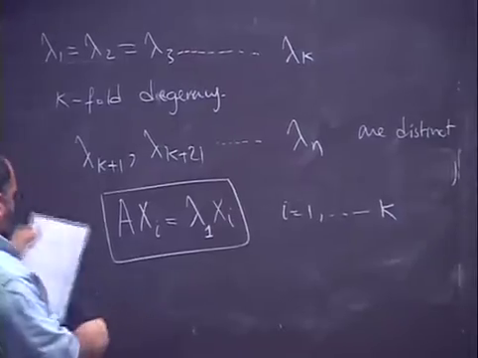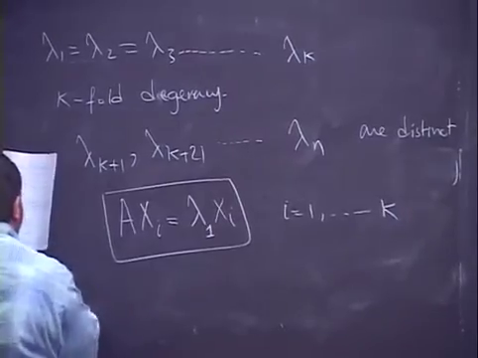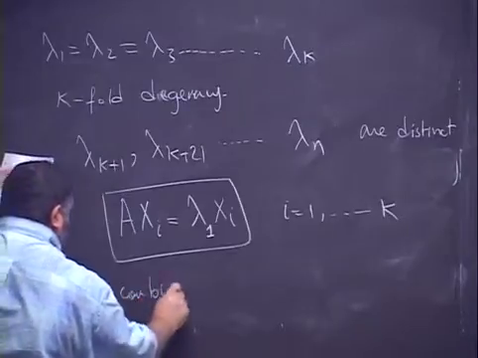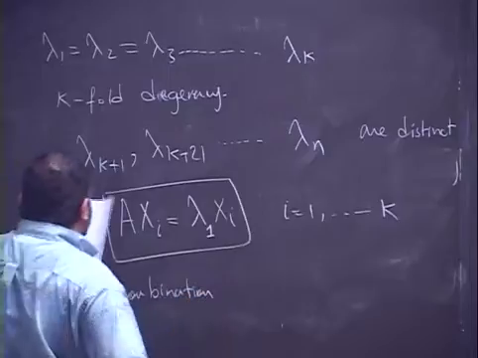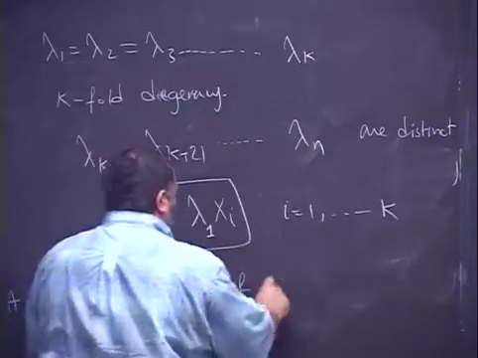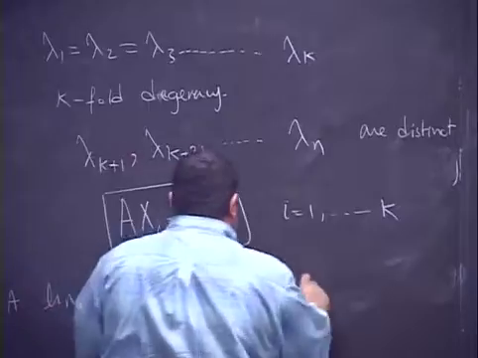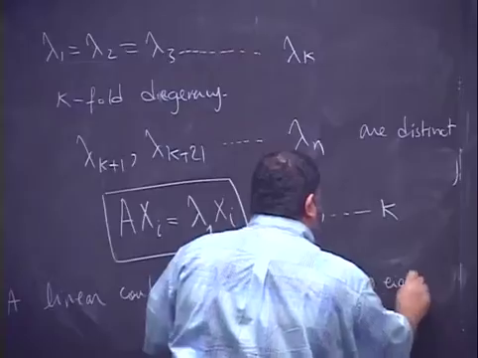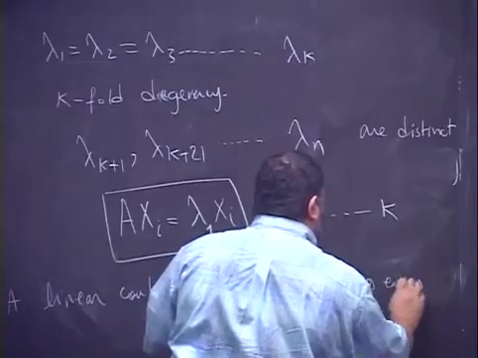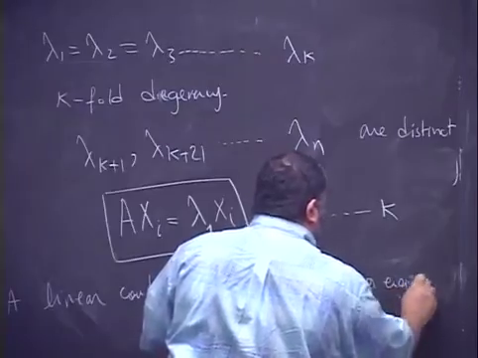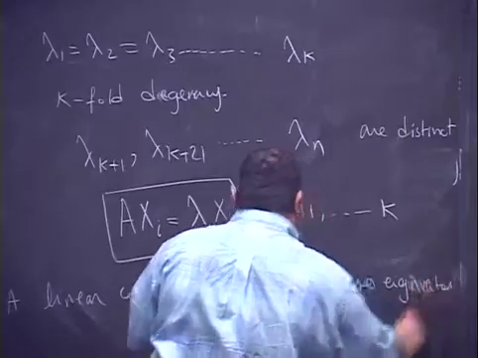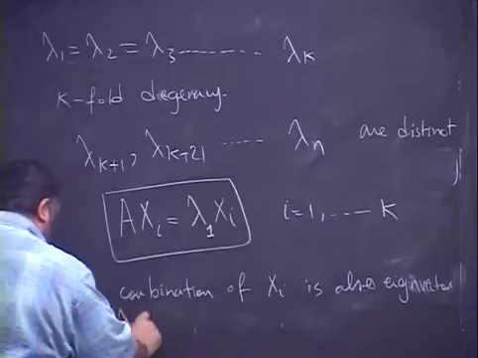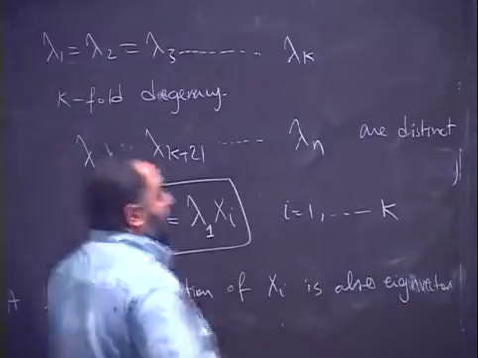So a linear combination of the eigenvectors xi is also an eigenvector with eigenvalue lambda 1.